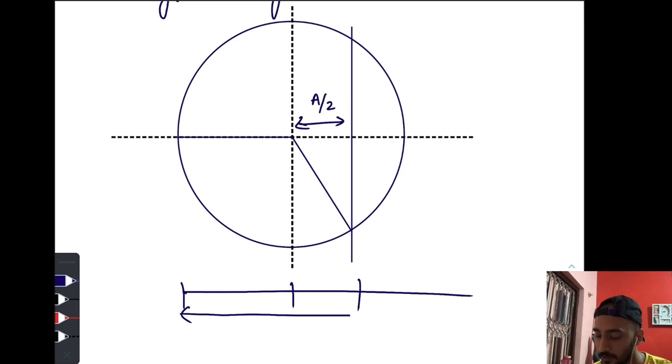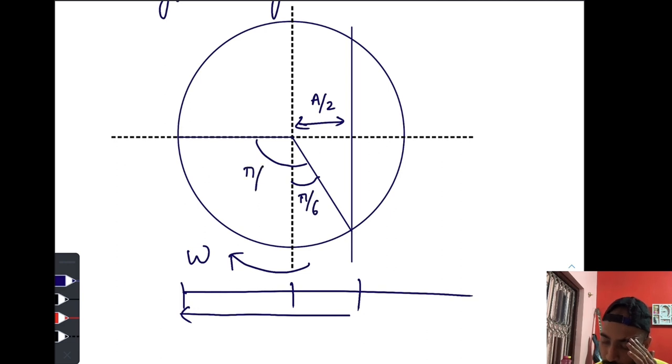That means the radius vector must rotate by this amount of angle. Now we need to find this angle. So this one is pi by 6, this one is pi by 2. So the total angular displacement is pi by 2 plus pi by 6, and that angular displacement is covered by an angular velocity of omega in time t.